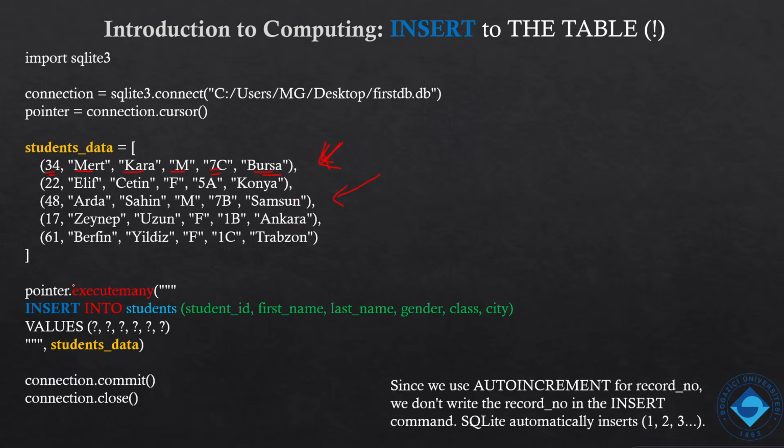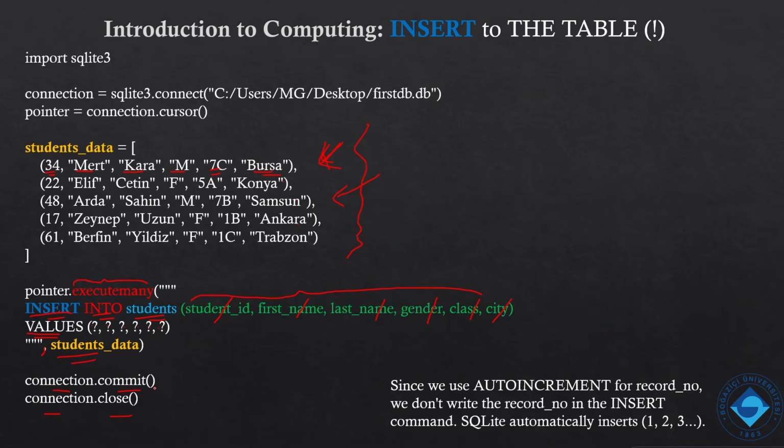To be able to insert them, I will use the executemany function here and insert into my table name and my field names, and values with question marks and commas, and the values I created just here. Then connection commit, connection close. Then it's going to insert it, it's going to save it.